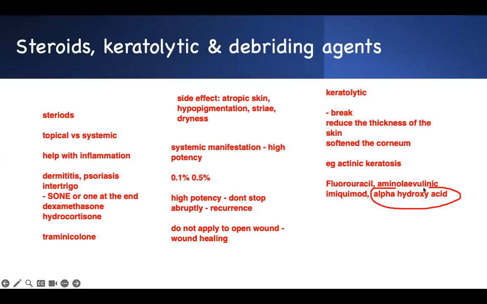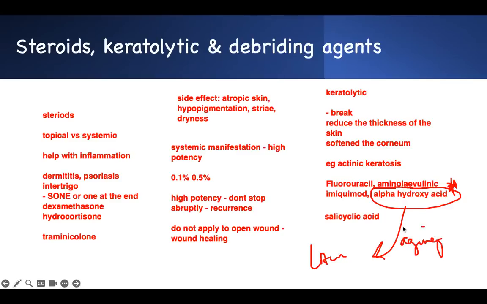Alpha hydroxy acid, this medication is very, very important. Why did I say that? This is the last one, salicylic acid. This is what we use in cosmetics or lotions for our body to prevent aging.